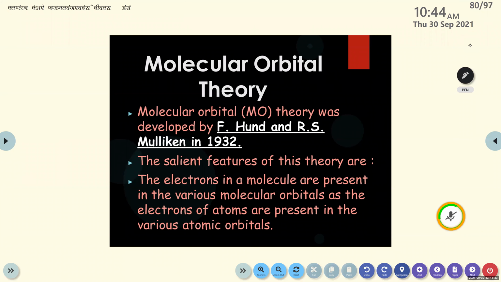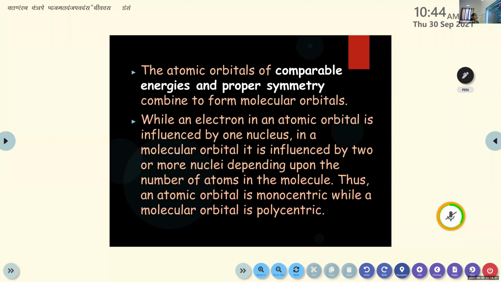Okay. Then the next point is that atomic orbitals of comparable energies and proper symmetry combine to form molecular orbitals. We have learned that orbitals with the same energy and symmetry are joined together for the formation of hybrid orbitals, right? Similarly here.